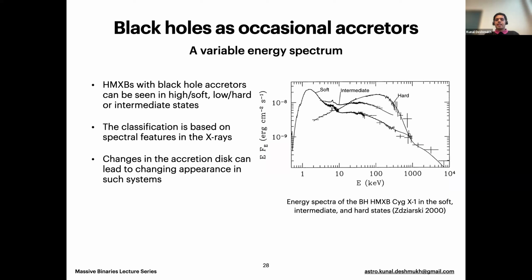To give an example of some X-ray spectra, in general, for high mass X-ray binaries with black hole accretors, there are two very popular states they can be found in: a soft slash high state or a hard slash low state. The names are a bit confusing, or at least I thought so. You can also have an intermediate state. But the main driving factor for these states can be how material is being accreted onto the black hole, and how the disk around the black hole is behaving, and so on.